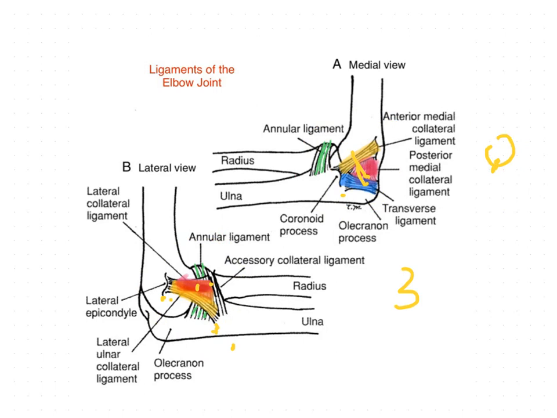Some fibers of the lateral radial collateral ligament remain taut, that means they become tight, throughout the flexion range of motion, whether varus or valgus movement is applied. It is described as a key structure that is always disrupted in elbow dislocations. So this is the structure which is always disrupted in elbow dislocations.